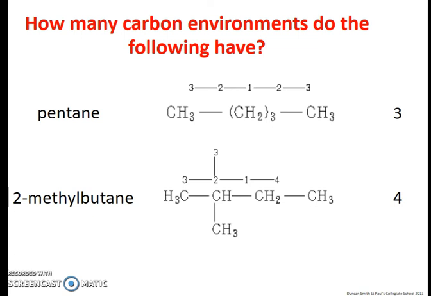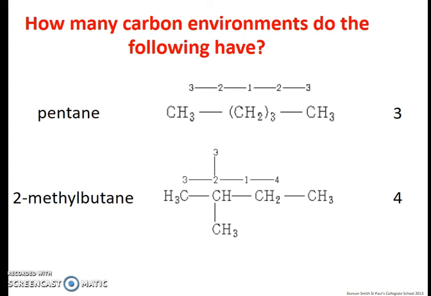Okay, it has 4 carbon environments because the 2 CH3 groups on the left-hand side are both attached to the same length of carbon chain, which is different to the CH3 at the other end. The CH3 at the far end, the one that's identified as number 4, is attached to a CH2 and then this branched chain group. The CH3s at the left-hand end, the ones identified as carbon 3, are both attached to a CH, which is then attached to everything else. So that makes them different.